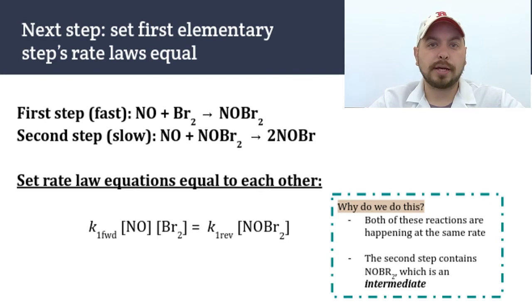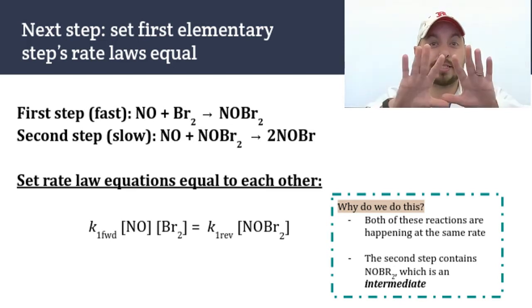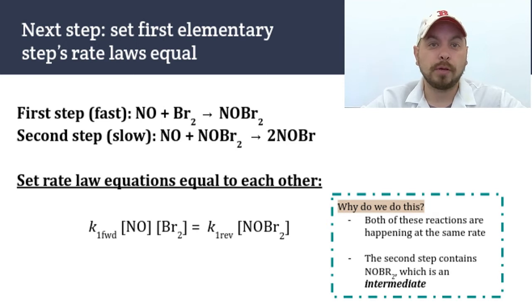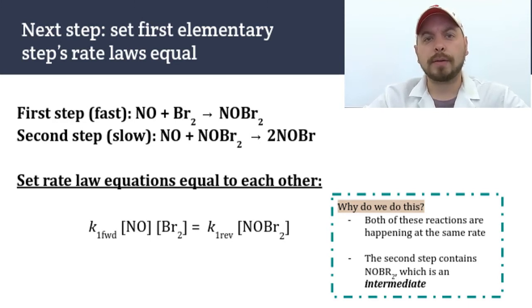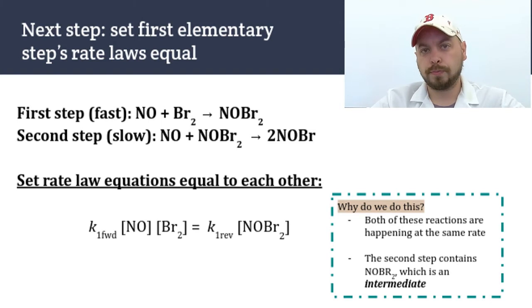Now, we just said that the first step being at that state of equilibrium means the rate of the forward elementary step is equal to the rate of the reverse. So we're actually going to set those two equal to each other, which means that k of the first step in the forward direction, lowercase k, remember this is rate law, so there's a lowercase k, times the concentration of the NO times the concentration of the Br2 is equal to k of the first step in reverse, which is a different k value.